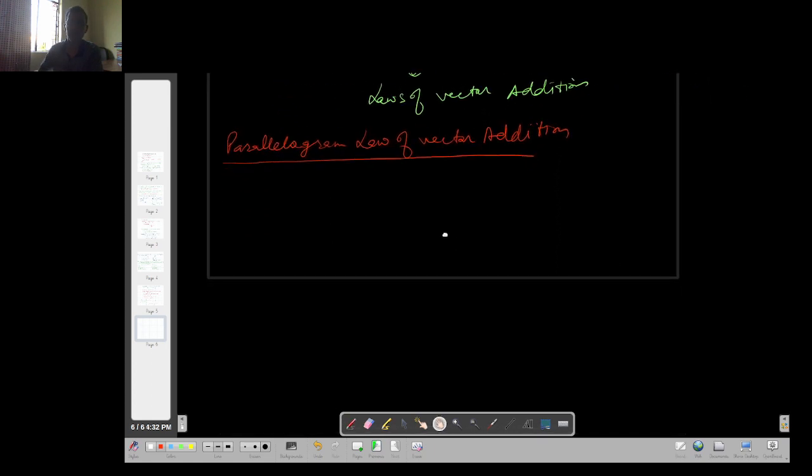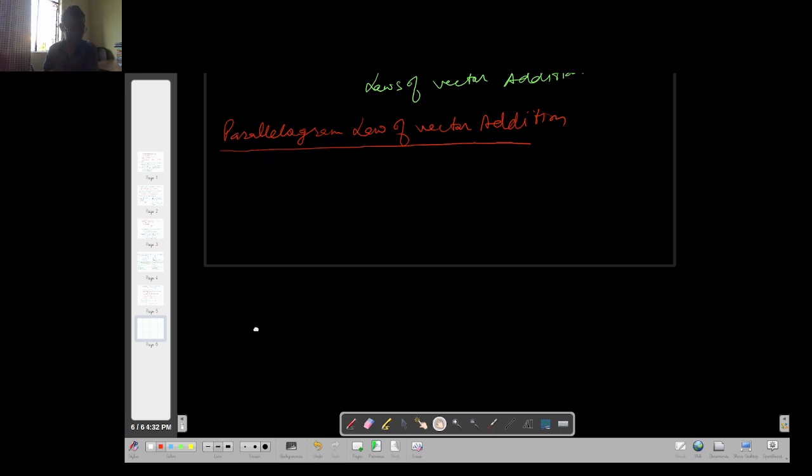Suppose we are given two vectors. One vector is this, and say there is another vector, and let us say these two vectors represent two sides of a parallelogram.